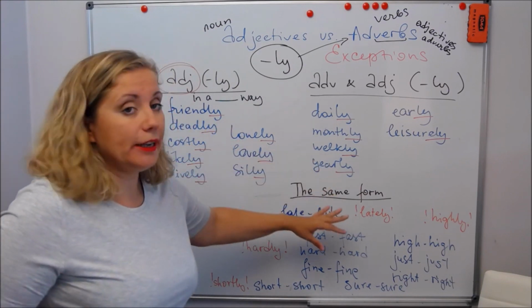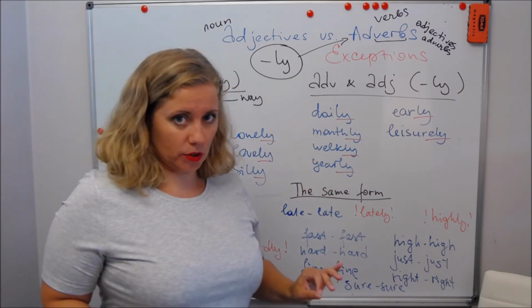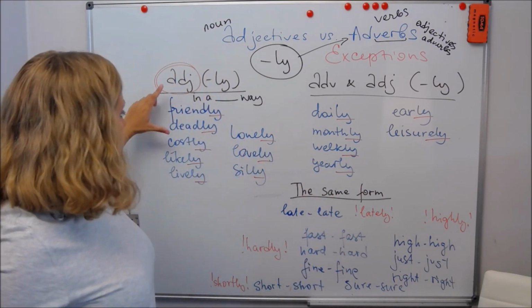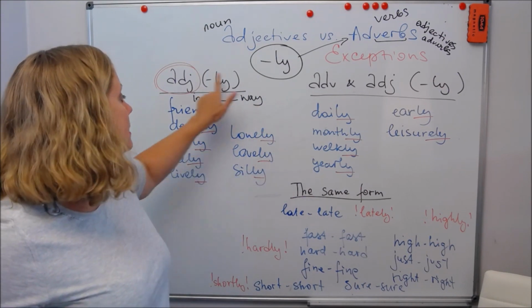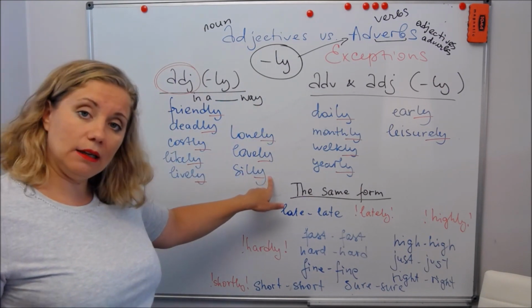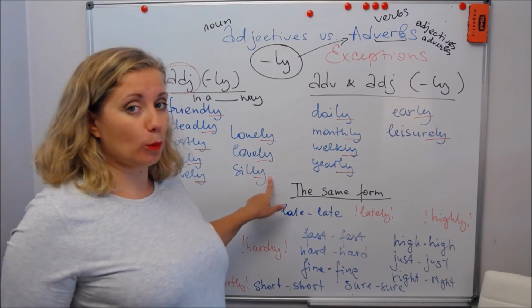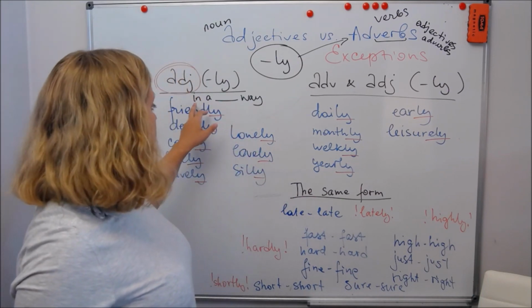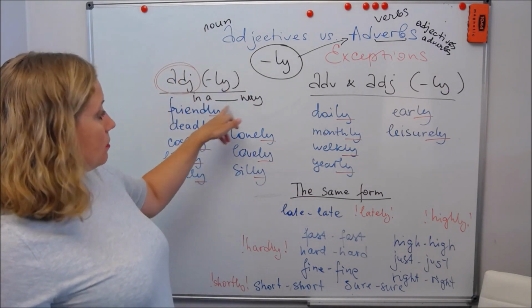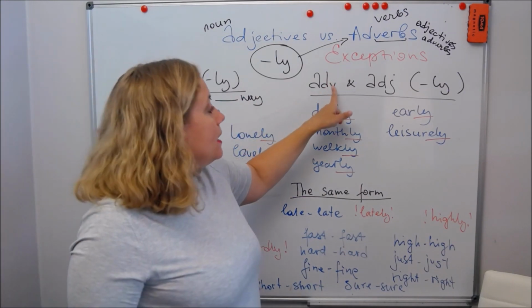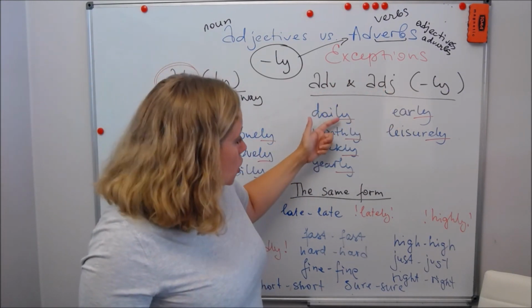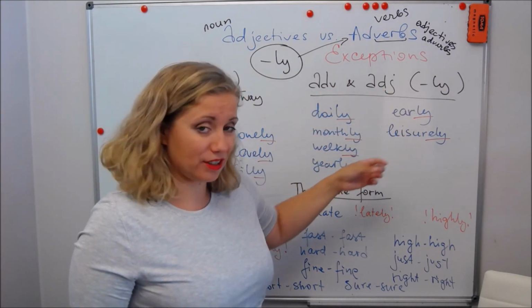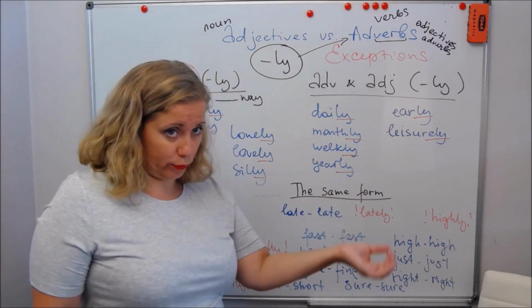But there are 3 groups of exceptions. The first group is adjectives ending in ly, which don't form adverbs at all, and you need to use the phrase in a friendly way, for example.